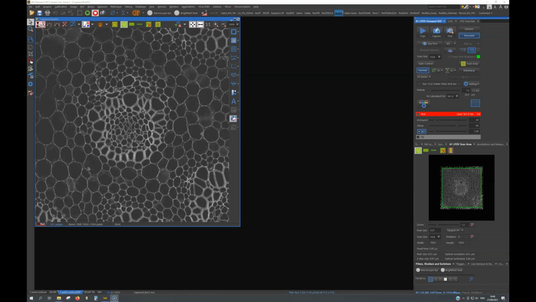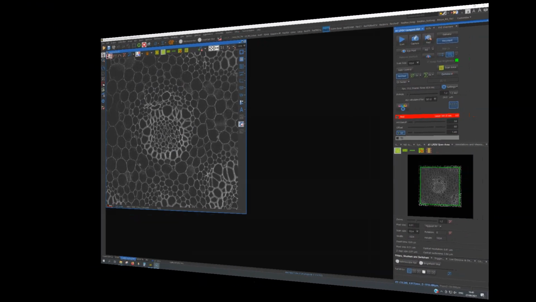We can compare the resonant image with the Galvano image. The image on the left is the Galvano image that was acquired earlier, and the right image is the image acquired in the bidirectional resonant mode.